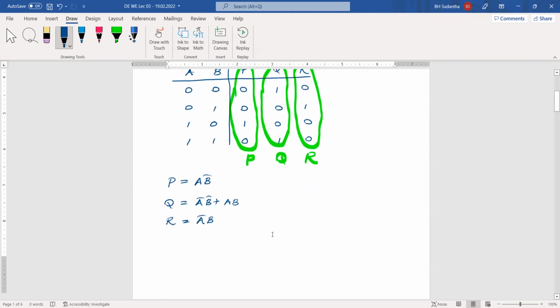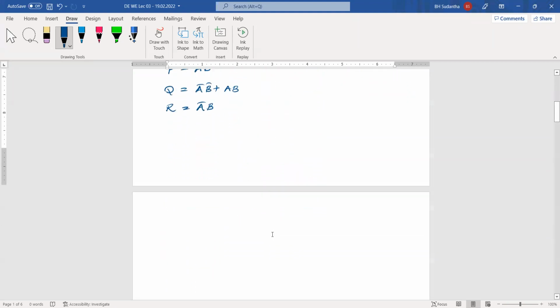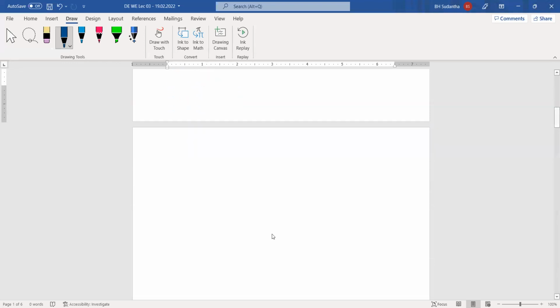Okay. Then we can draw the circuit based on this. Then we have this A and B. The first term, sorry, we need A bar and B bar also.